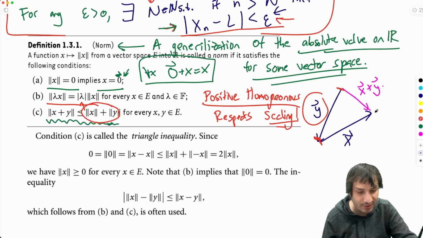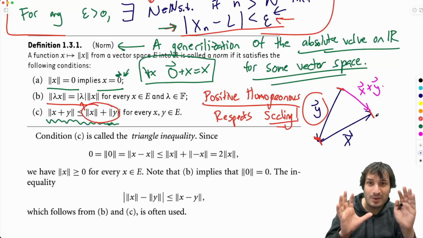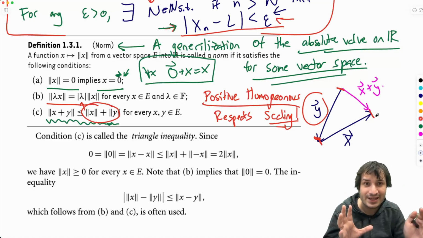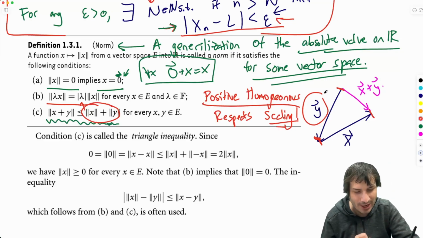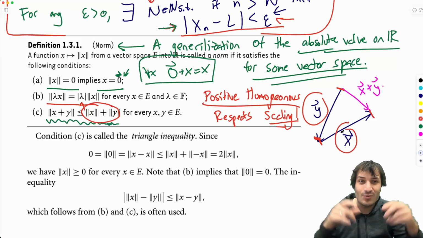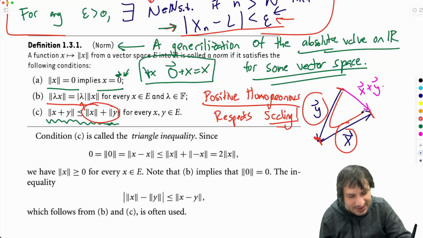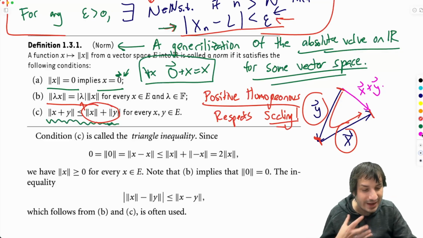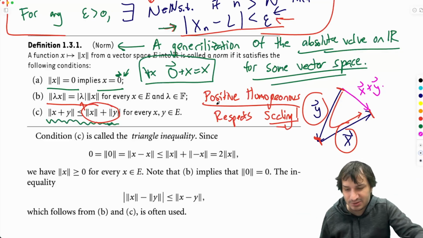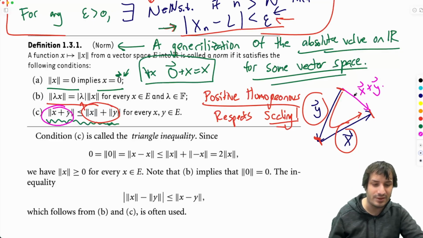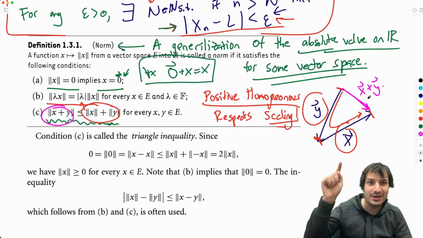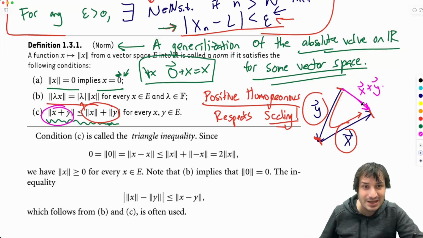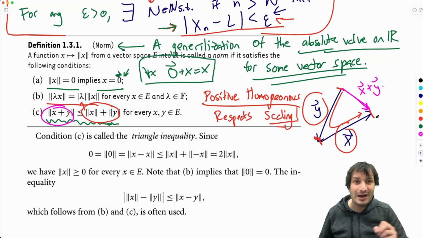You take the length of this vector measured by the norm, that's the norm of y. You add them together, that is adding up these two sides of the triangle. That has to be more distance than x plus y, which is the pink side over there, the third side. So it always has to be shorter to go directly along the pink side than to take a detour where you go off some other way.